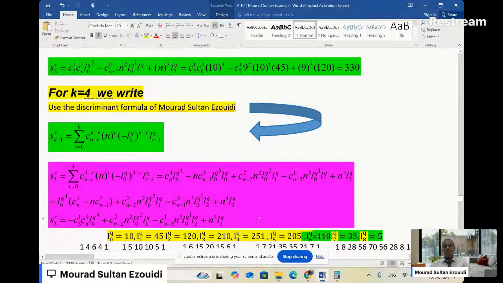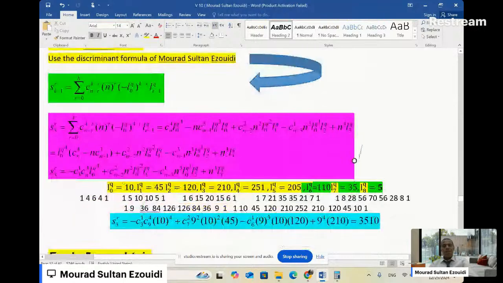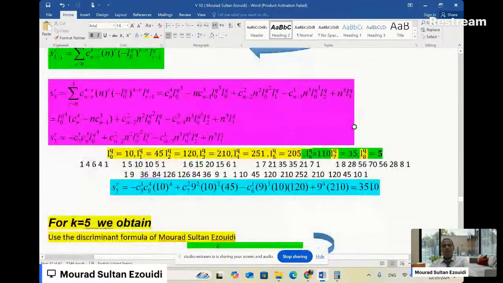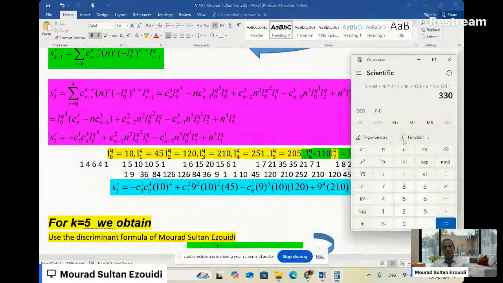Now I will make a substitution and try to calculate the value of this, and I will try to find S3. I will use my calculator, and you can also solve this using your own calculator.